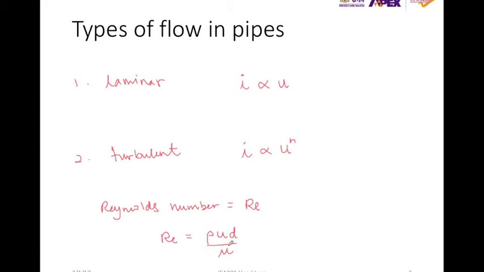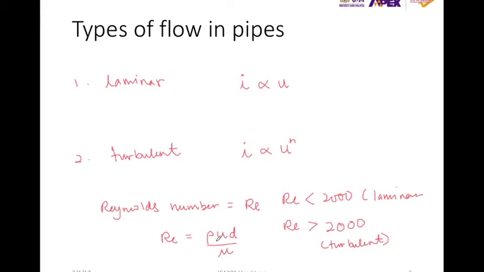From this equation, we see that the higher the U, the higher the Reynolds number. From experimental work, researchers found that if Re is more than 2000, it is most likely turbulent. If Re is less than 2000, then the flow is laminar.